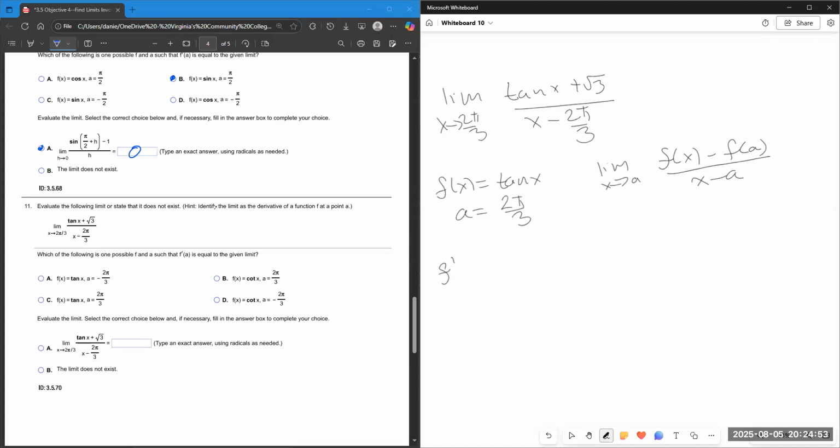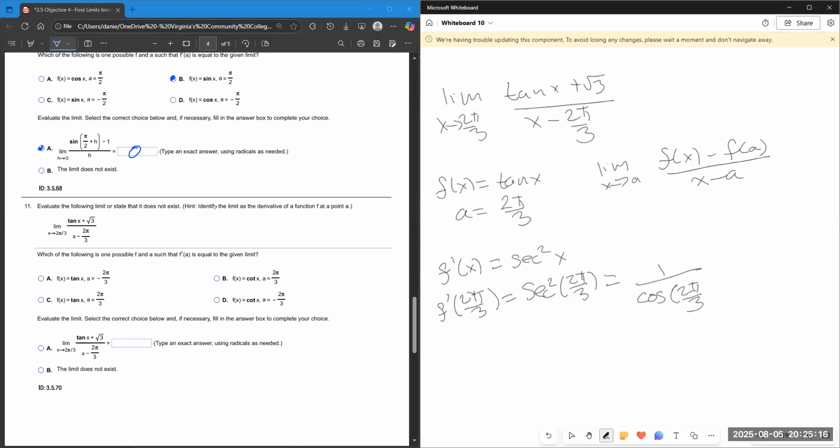So if we take the derivative of tangent, we get secant squared. f prime of 2 pi over 3 is going to be secant squared of 2 pi over 3. It's going to be the reciprocal of the cosine of 2 pi over 3 squared.